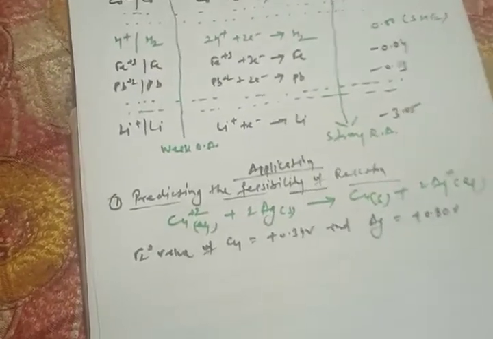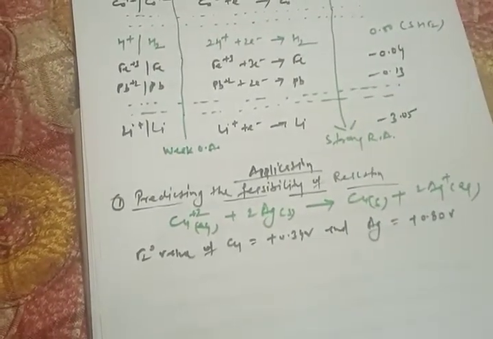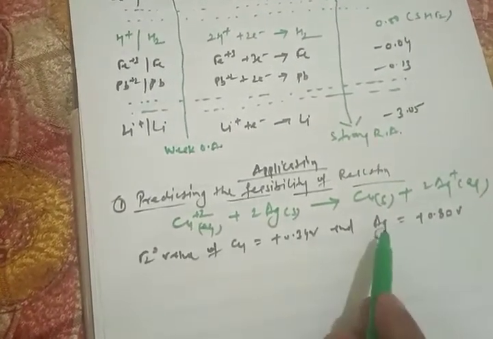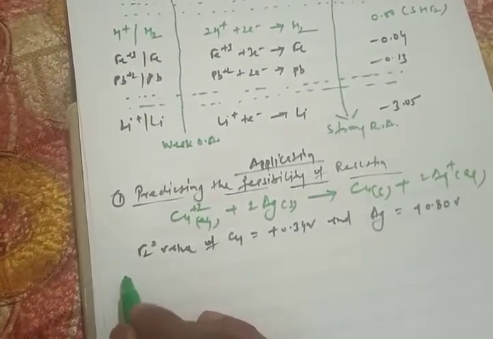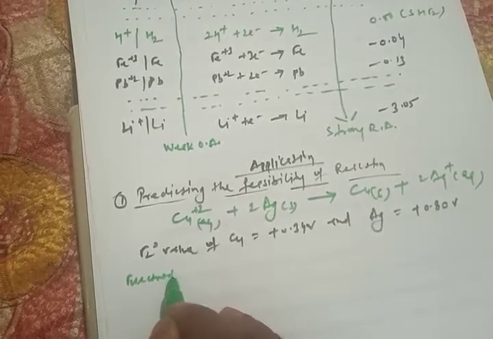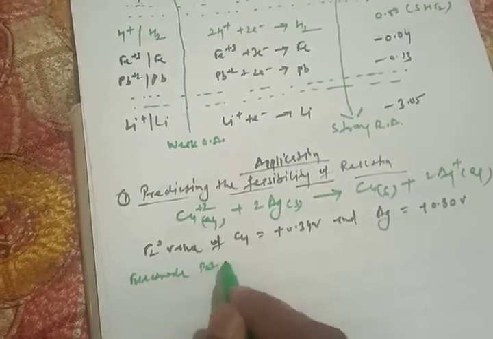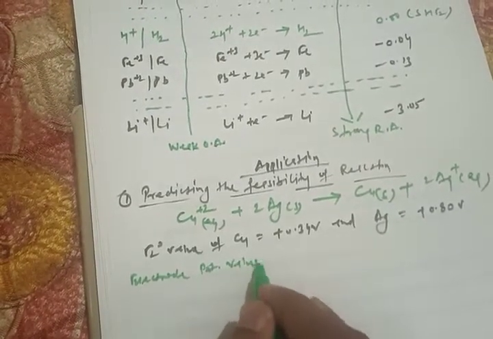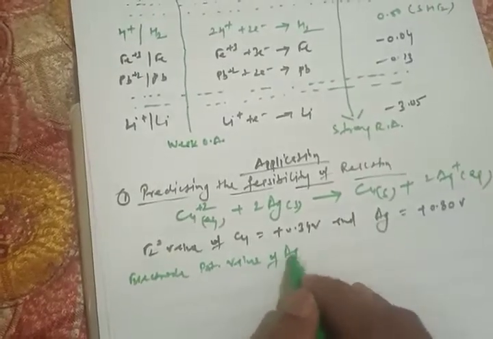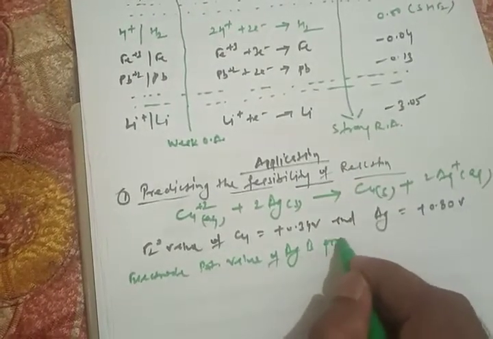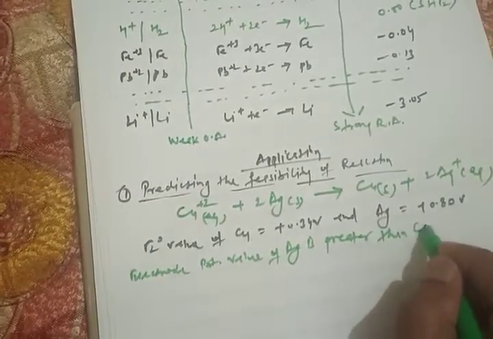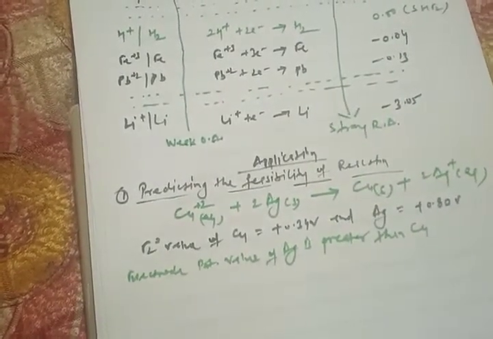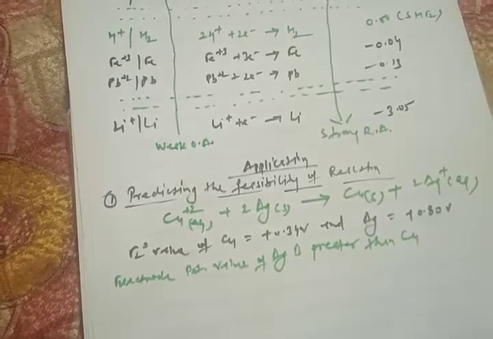So what it says is that since the electrode potential value of silver is greater than that of copper, what will happen?